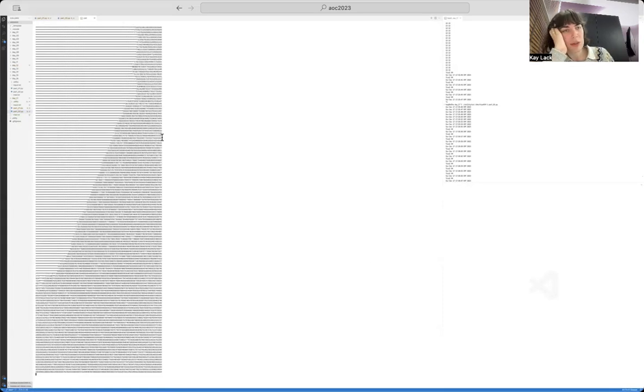Should start speeding up soon, I think, as we get through the first column, first rows.